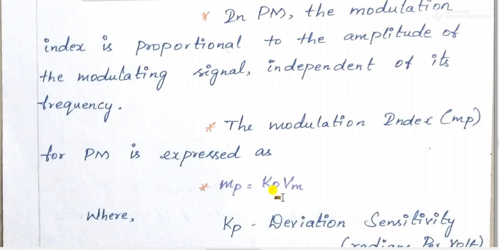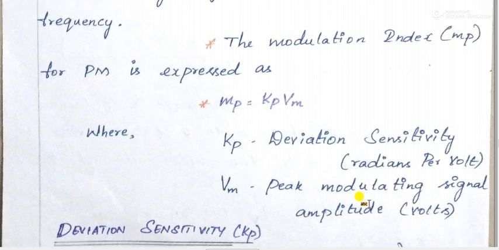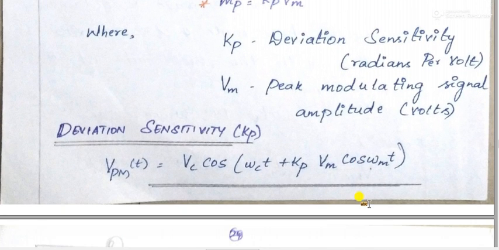In that second equation we are going to substitute Mp equal to Kp into Vm, that is the deviation sensitivity of phase modulation. So just see here: Vc cos omega ct plus Kp into Vm cos omega mt. That is the representation of PM.